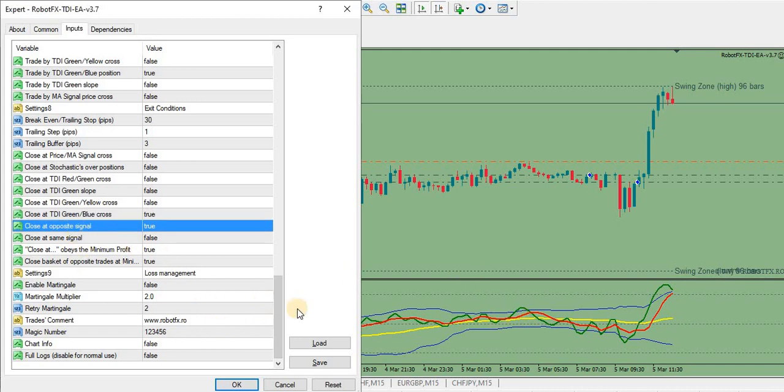There's also the option to close the trade at the opposite signal, and that means at the opposite signal, including the trend. So if the trend changes and you are trading with the trend, it is good to leave this set to true.